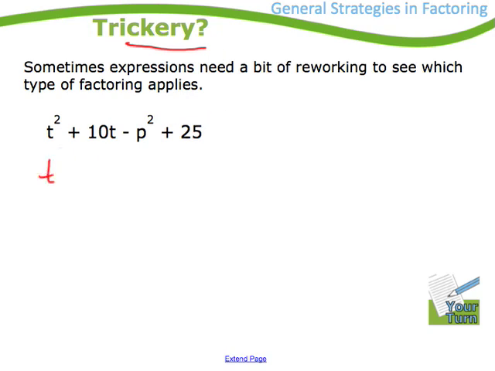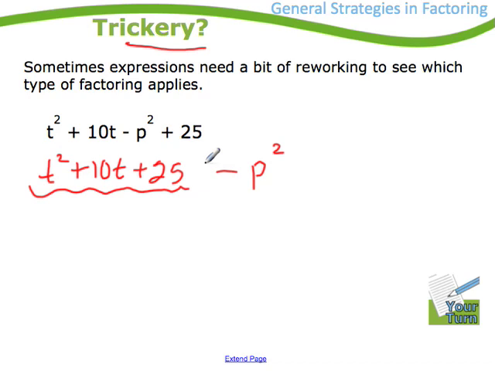So in this case, what I'm going to do is I'm going to take the 25 and put it over with this one. And I'm going to leave that minus p squared off to the side. Then I look at this and I say, hey, that by itself, just sort of disregarding this piece over there, that looks like a perfect square there. 5 times 5, 5 plus 5. So I'm just going to take that and factor it.